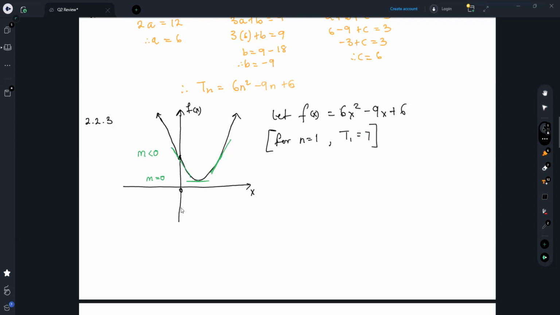So now I want to find out where I will find these. Are they on the side where the function is decreasing, or on the side where the function is increasing?